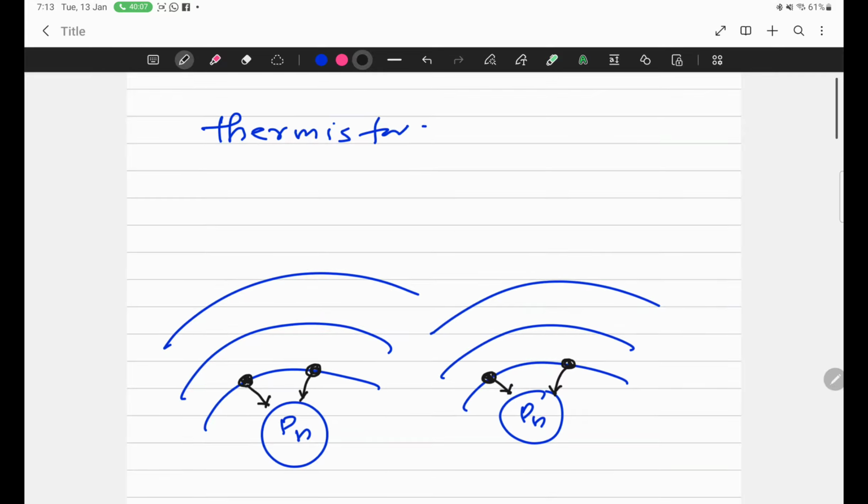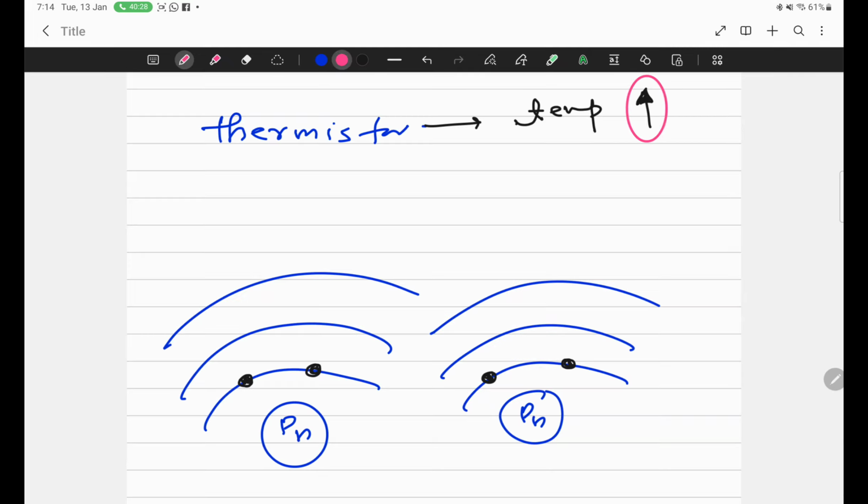But when the temperature of the thermistor increases, these electrons absorb thermal energy.